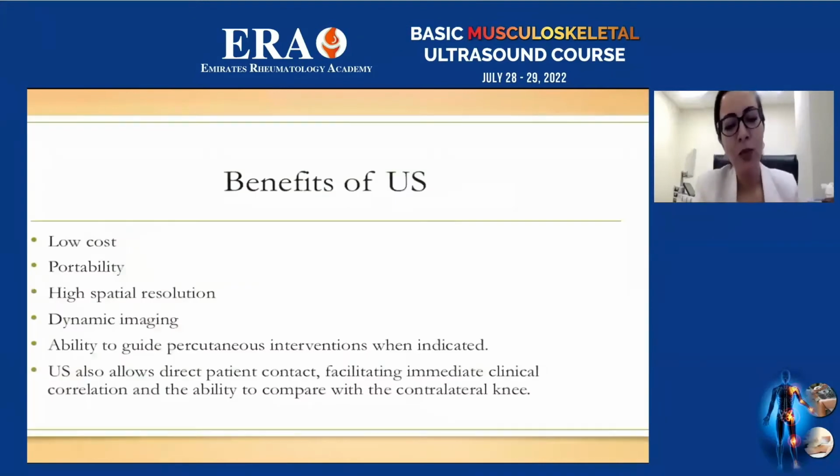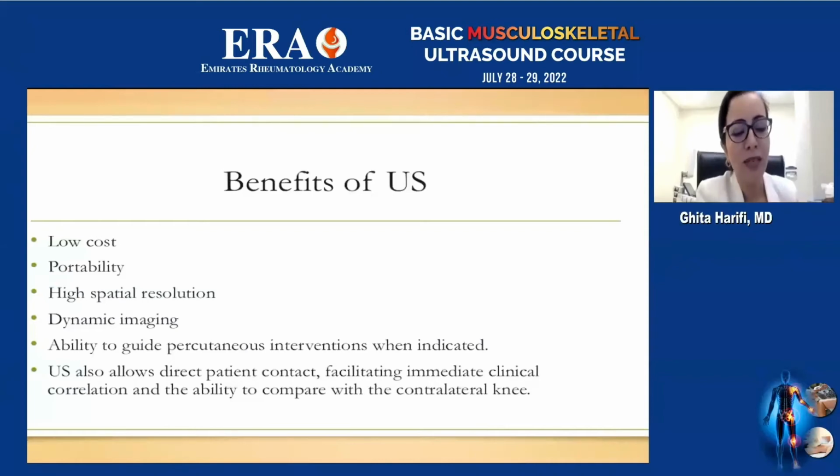Now, usually when we talk about knee imaging, the first technique that comes to our mind is MRI. But in fact, ultrasonography offers a unique strength over MR imaging. The low cost and the portability make it much more available than MRI. Ultrasonography also has a higher spatial resolution than MR imaging and may be helpful in evaluating the superficial structures of the knee, for example.